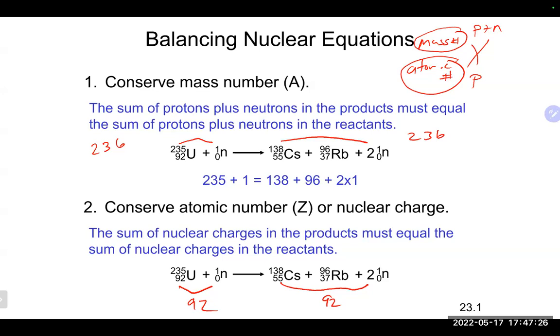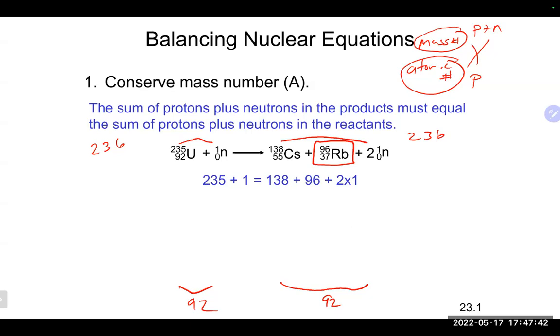So how would something like this go? Well, one way is that something could be missing from this equation. For example, if we took out this guy right here, and we weren't sure what that was, we can look back at this and add up the bottom number, as that is going to tell us what element or particle is missing.